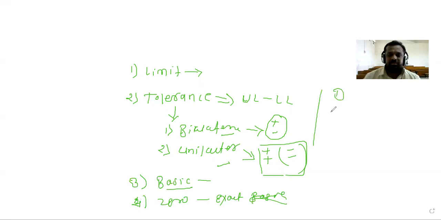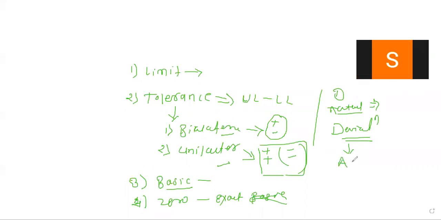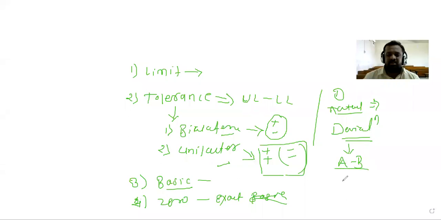Now we have covered what is meant by the deviation. First, what is meant by the actual size? Actual size is nothing but the size of the part after production, whatever size is there. Then deviation is the algebraic difference between actual size minus basic size. It has two types: upper deviation and lower deviation.